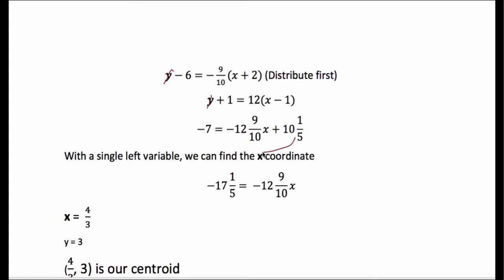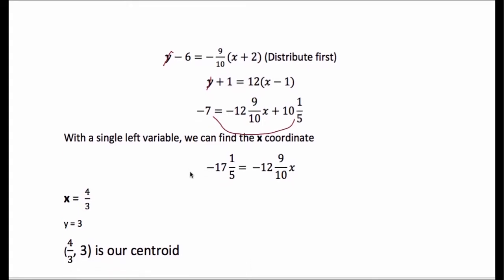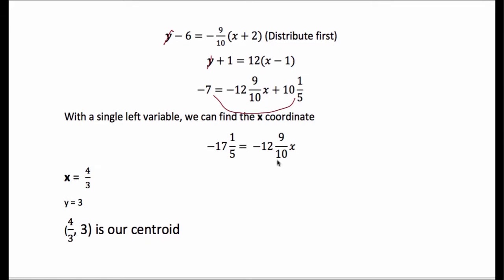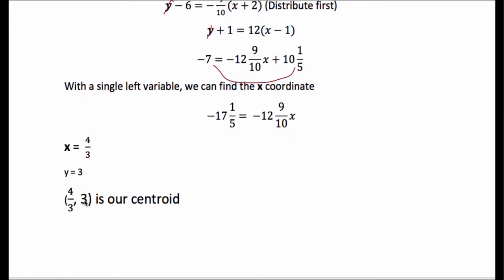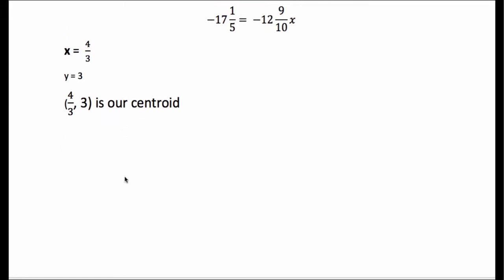Then we subtract over here, and that comes out to be negative 17 and 1/5 equals negative 12 and 9/10 x. Divide by negative 12 and 9/10, and we have x equals 4 over 3. Plug x back in, and y is going to equal 3. So our centroid coordinates are 4 over 3, comma 3.